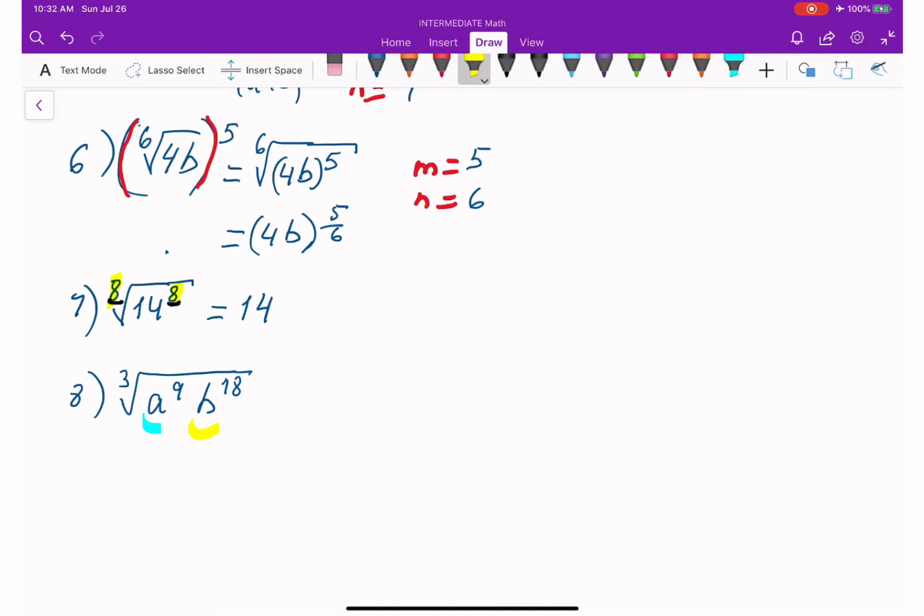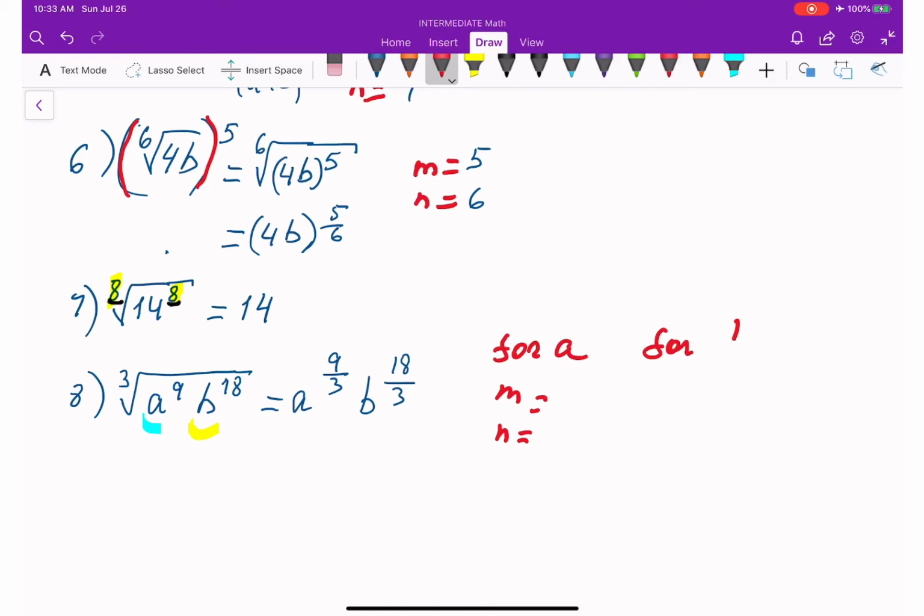At this point, I'm going to get a to power 9 over 3, b to power 18 over 3. Right? So, let me put this way. For a, m and n.